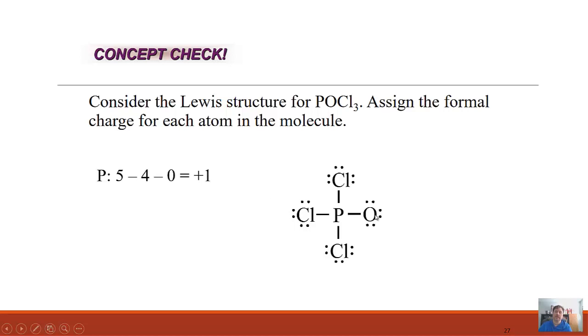Oxygen, on the other hand, has 6 valence electrons, minus 1 bond, minus 6 non-bonding electrons, which gives us a charge of -1. How about the chlorines? Chlorines all look similar. So we get 7 valence electrons minus 1 for the bonding pair, and then we have 2, 4, 6 electrons, so it's 7 minus 1 minus 6, which gives us a 0 on there.